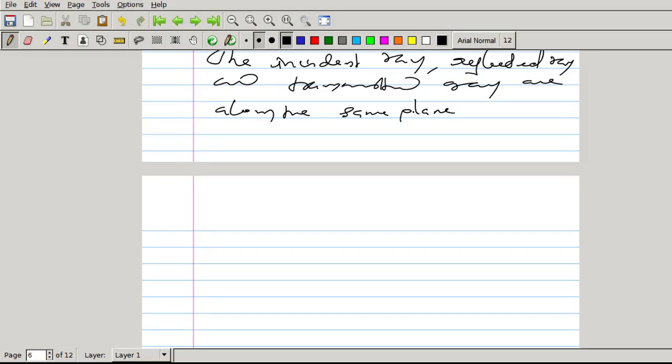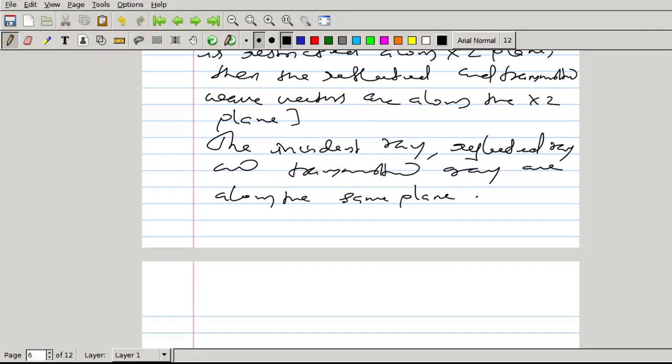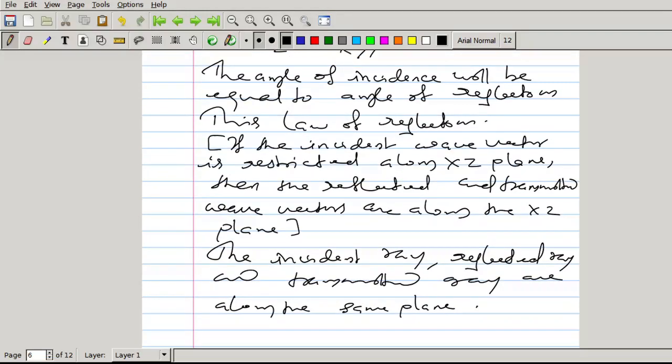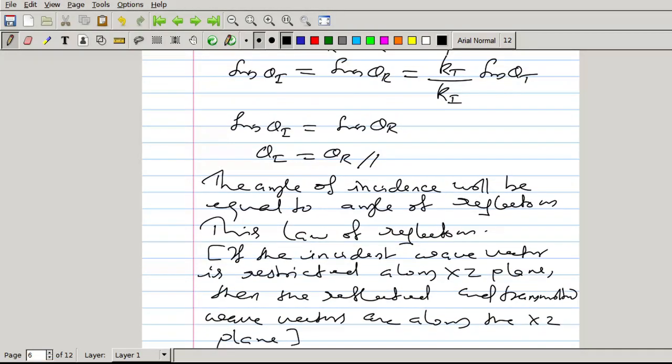That plane contains this direction. That's why the normal, incident ray, reflected ray, and transmitted ray are along the plane in which the normal lies. So normal, incident ray, reflected ray, all these are along the same plane, which is given by the xz plane. So this is the law of reflection.